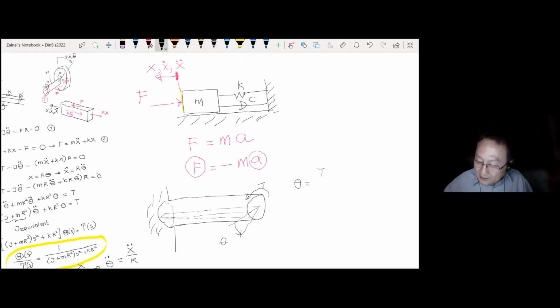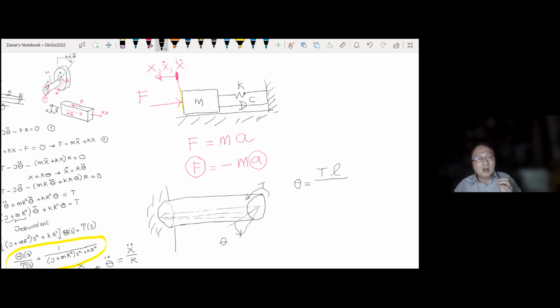It depends also on the length of the rod. The longer the length of the rod, the bigger theta. And also depends on the material.